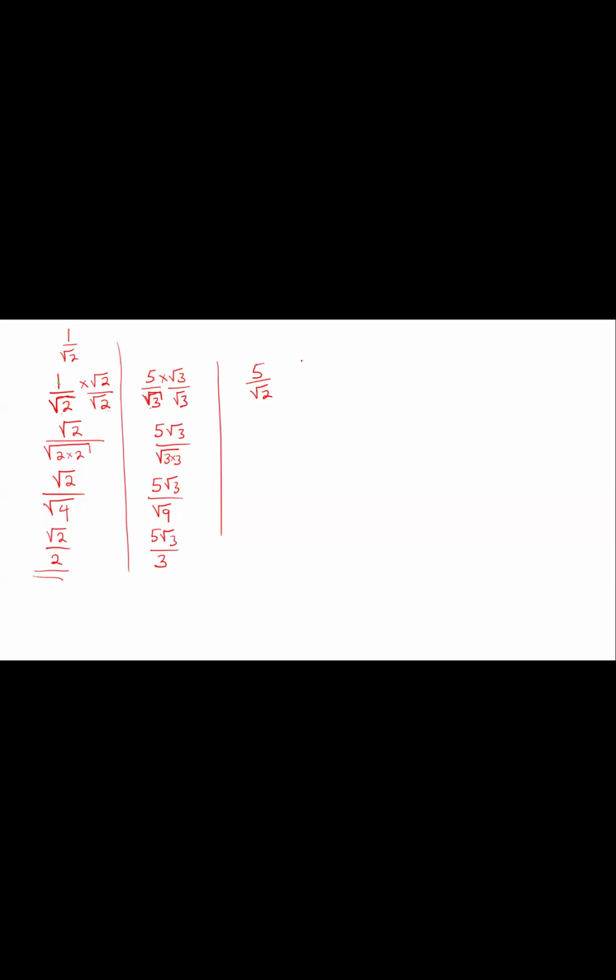Okay, people have got 5 root of 2 out of 2. Good. 5 root of 2 out of 2. Okay, then that is very okay.